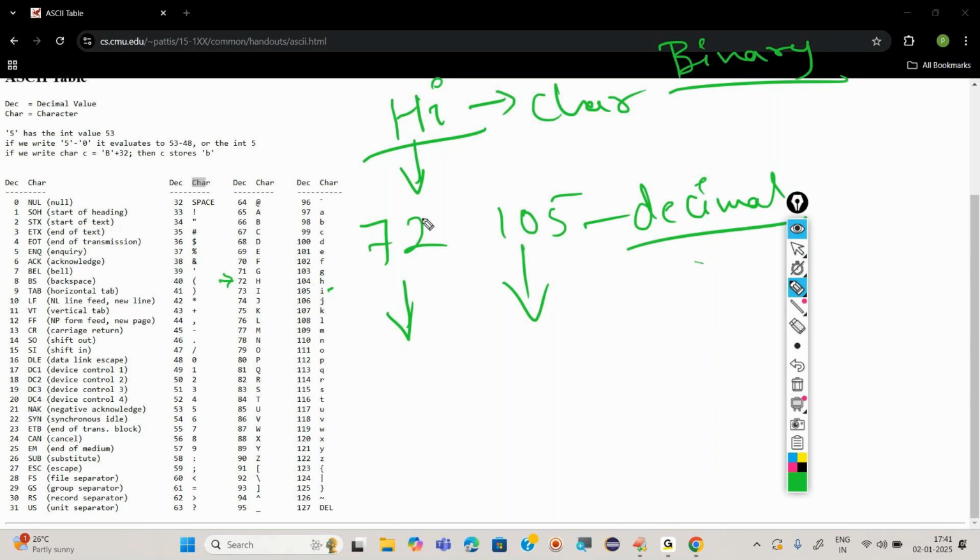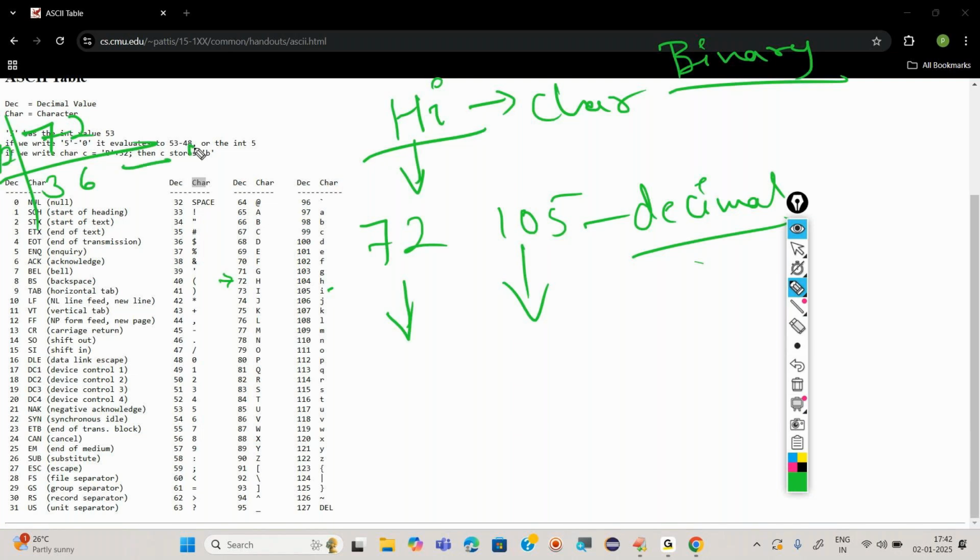Now it is going to convert this 72 and 105 into binary. It could be something like 00100100, so many things. If you want to check what it could be, you can check something like this. Let's say 72 is your value. Just divide it by 2. 2 3s are 6 and 2 6s are 12.